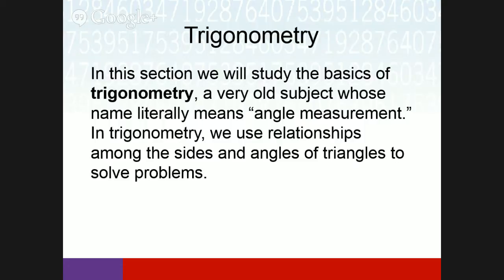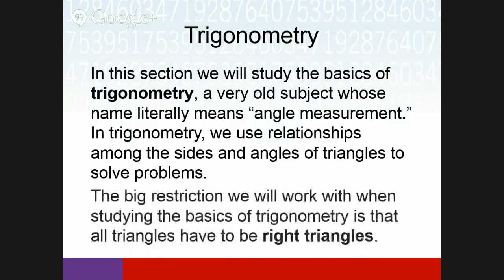So you have to have a sine of a number for it to make sense. A lot of times on your calculator, if you push the sine button, it'll give you an open parenthesis and a closed parenthesis. So sine by itself doesn't mean anything. Tangent by itself doesn't mean anything. And cosine by itself doesn't mean anything. You have to plug something into it for it to mean something. The name literally means angle measurement. We use these relationships among the sides and angles of triangles to solve problems.